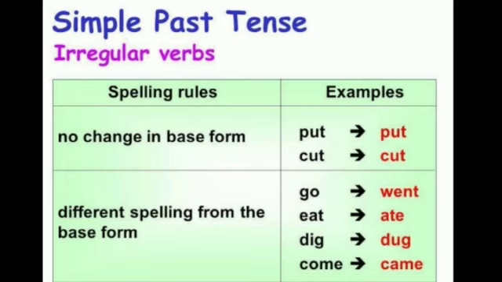Then some spellings change completely, with a different spelling from the base form. For example, go becomes went, eat becomes ate, dig becomes dug and come becomes came. This way it changes completely.